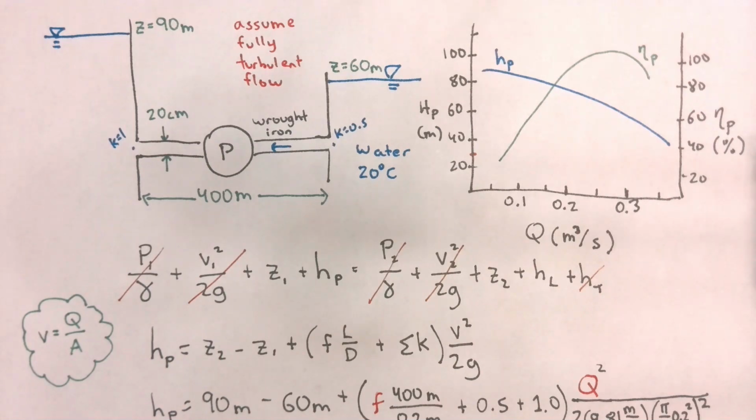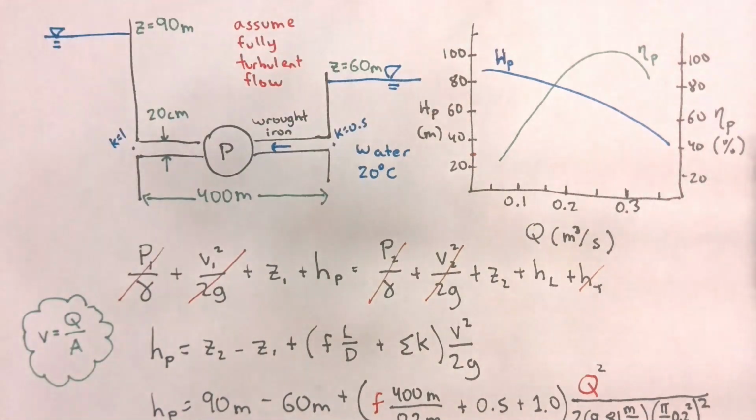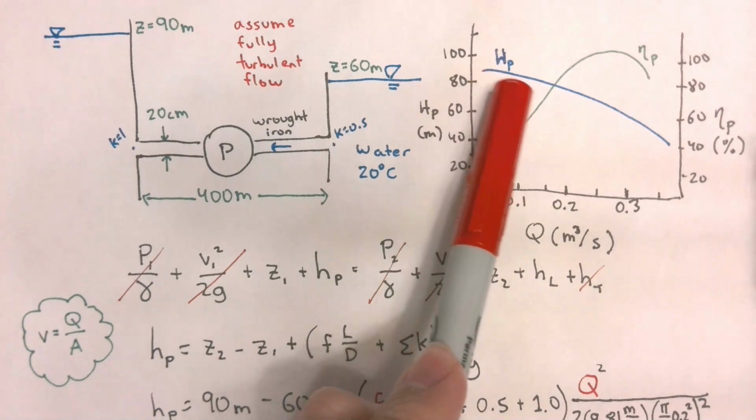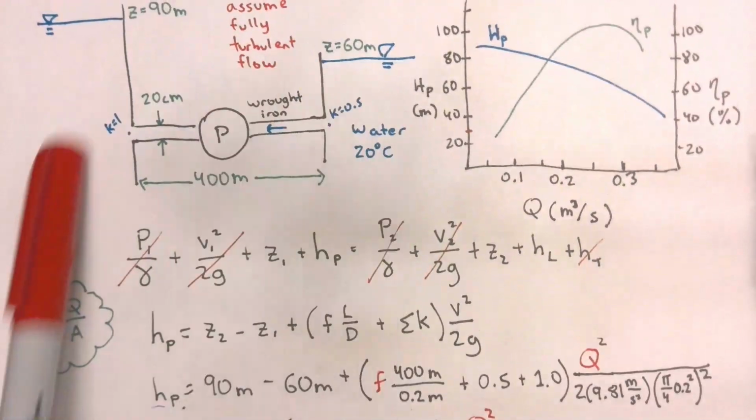Wait, a question. Yeah, go ahead. What does the little HP mean then? Let me actually change this to positive. So this is not a standard nomenclature, but I'm trying to use uppercase HP when it's related to the pump itself, and lowercase HP when it's related to the system.